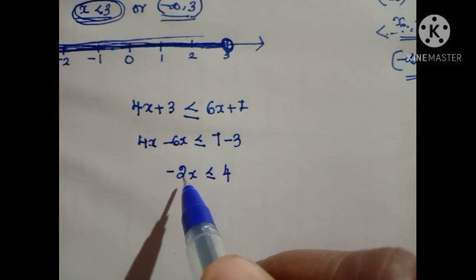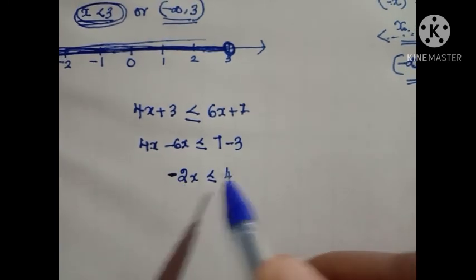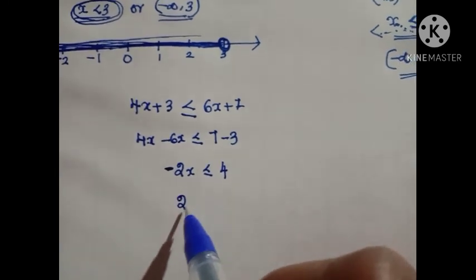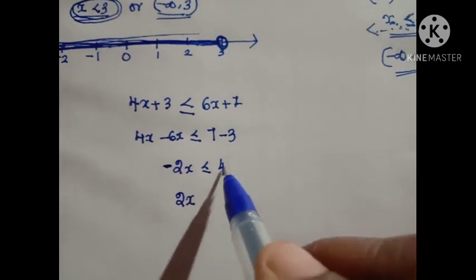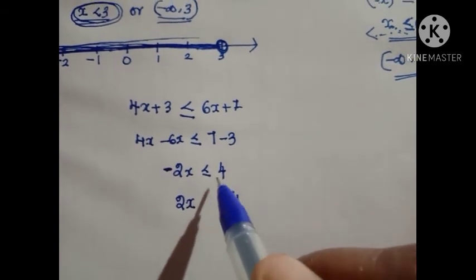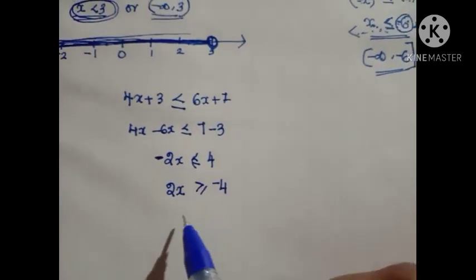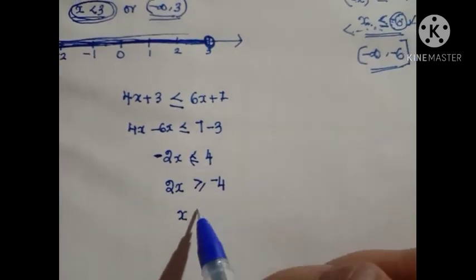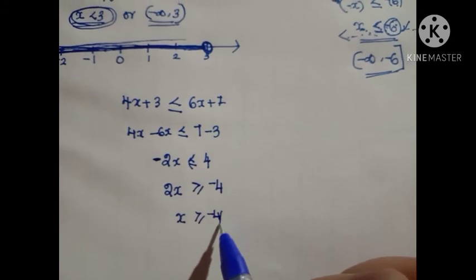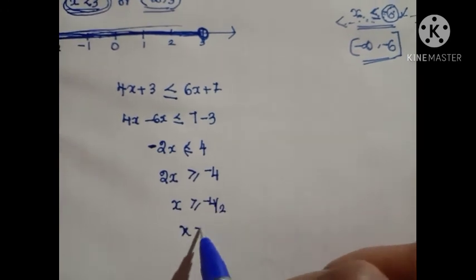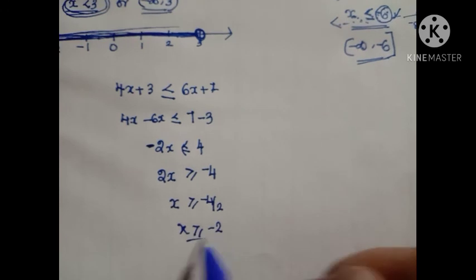Now listen, there is a minus sign, so multiply throughout by negative. So this becomes 2x, this becomes minus 4. Now see, the inequality becomes greater than or equal to. Now find the x value. x is greater than or equal to minus 4 by 2, that is, x is greater than or equal to minus 2.